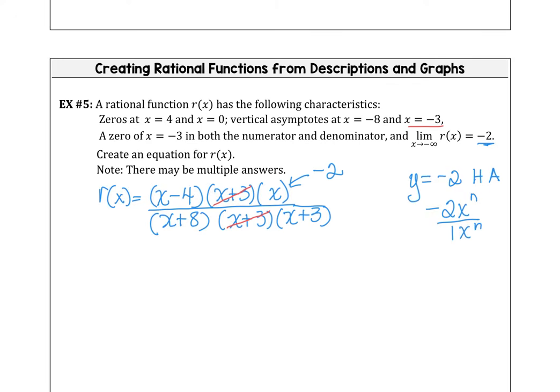And what's our power in the numerator? Well, you've got 1x here and 1x here and 1x here, so we've got an x cubed in the top and the bottom. So I'm considering the power is going to be x to the third, and that's going to make this factor over here.